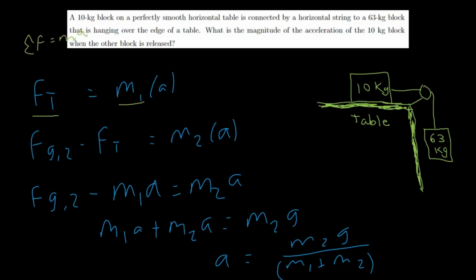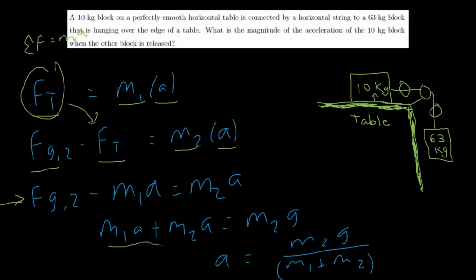So the force of tension is m1 times a, since the tension force is on the mass 1, 10 kilograms. F of G2 minus the force of tension is mass 2 times a. So substituting the force of tension into this equation, we end up with F of G2 minus m1a equals m2a.